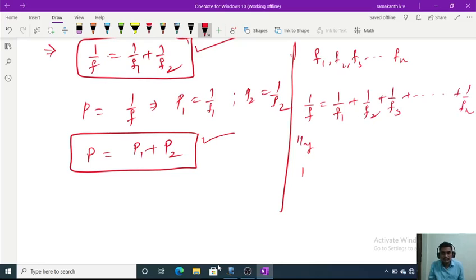Similarly, in terms of power, P equals P1 plus P2 plus P3 and so on plus Pn.